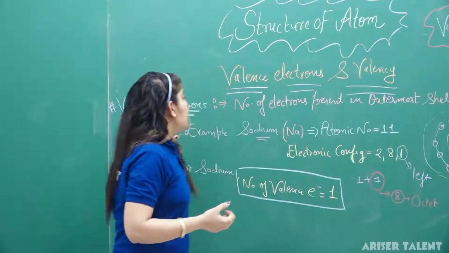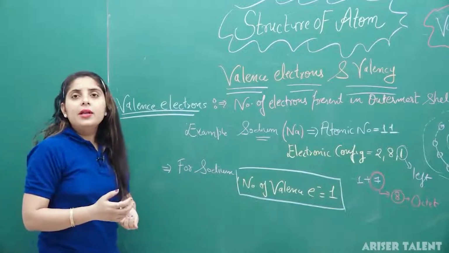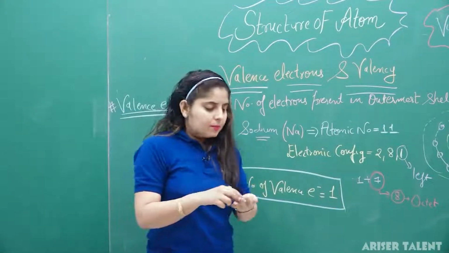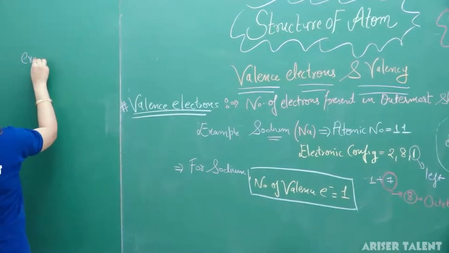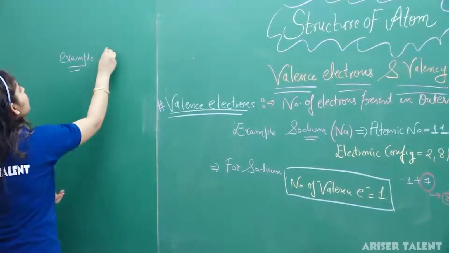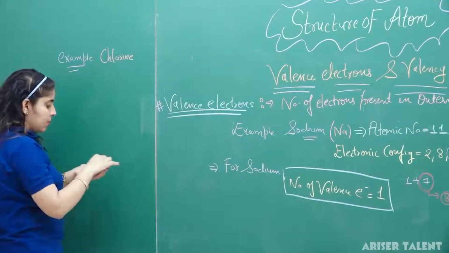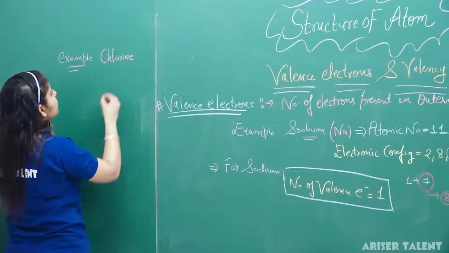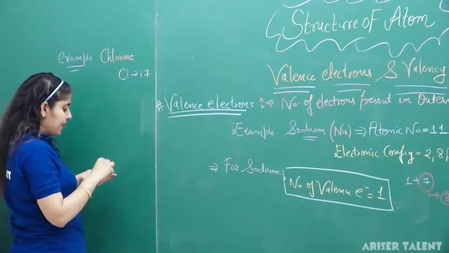Now, after valency and valence electron, we will calculate the example for chlorine. Our next example is chlorine. The symbol for chlorine is Cl, having atomic number 17.